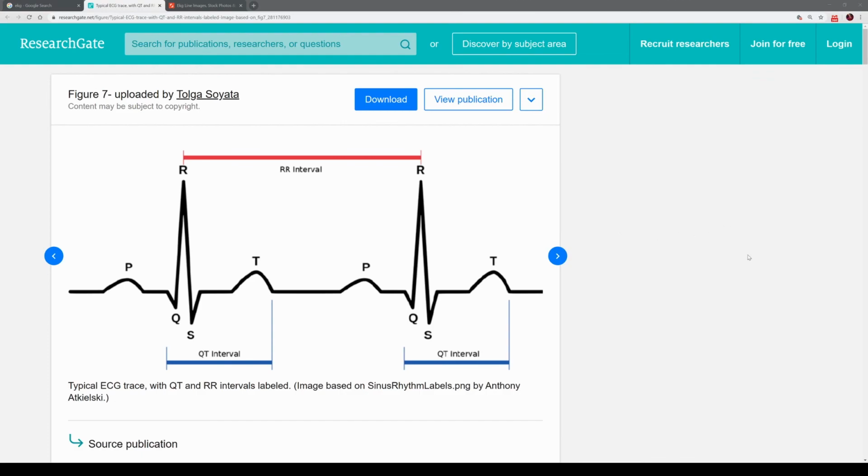In any case, here is an EKG wave. You have waves, and the QRS complex. Typically that's what a normal EKG looks like.